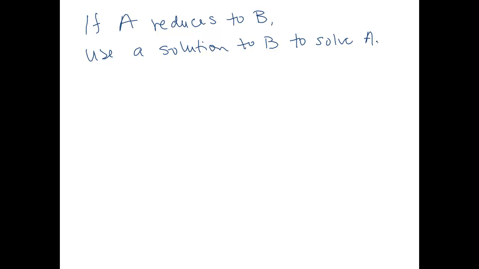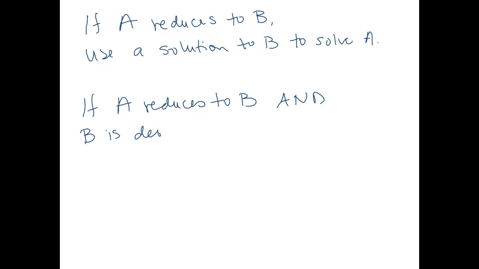What this also gives us is some information about decidability and undecidability. So if A reduces to B and B is decidable, then A is decidable.